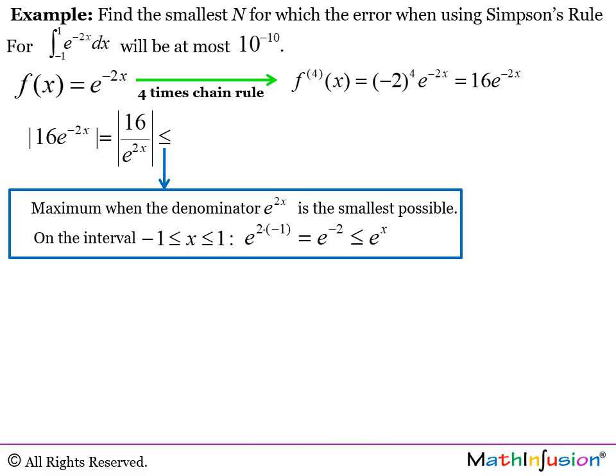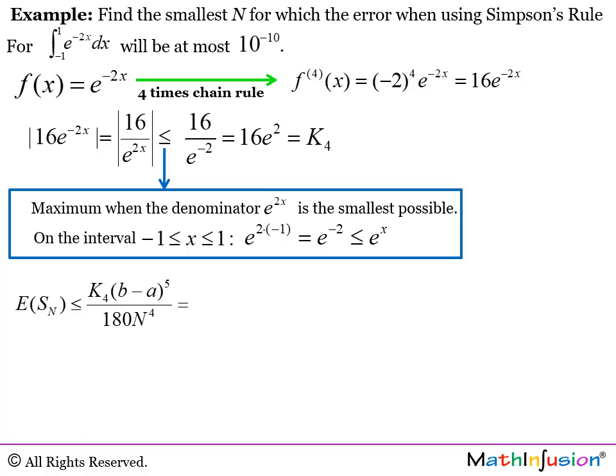It's obvious that e to the 2 times -1 is smaller or equal to e to the 2x on this interval. And we get that. We don't need absolute values, because e to the power of anything is always positive. We rewrite this as 16e to the power of 2, and this is our k sub 4.